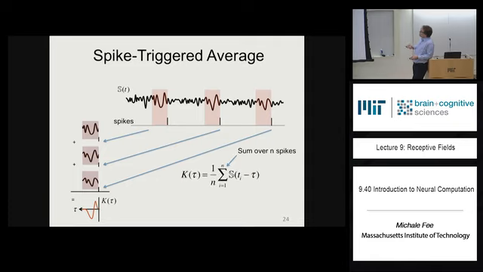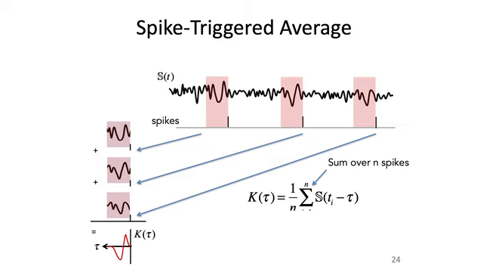So let's write that down as follows. We write down the times at which all these spikes occur, t sub i, the times in the stimulus at which the spikes occur.